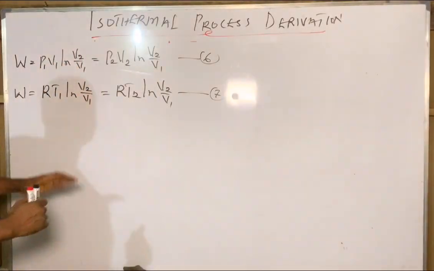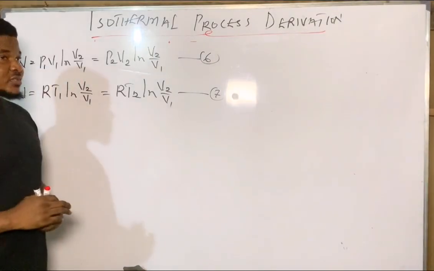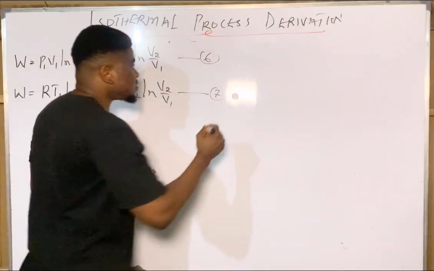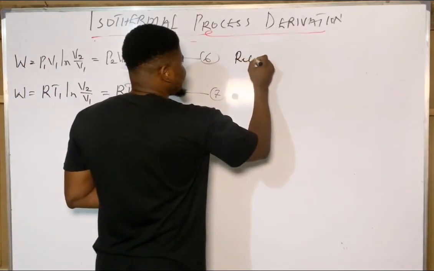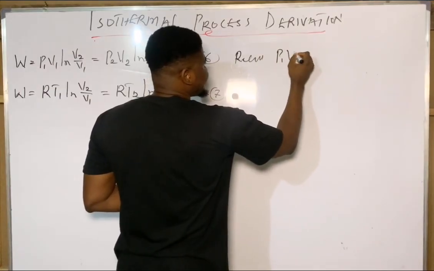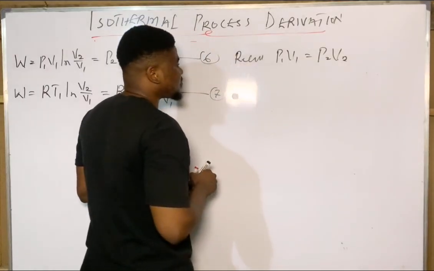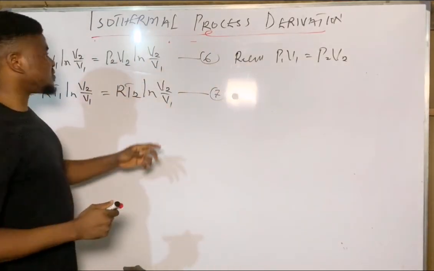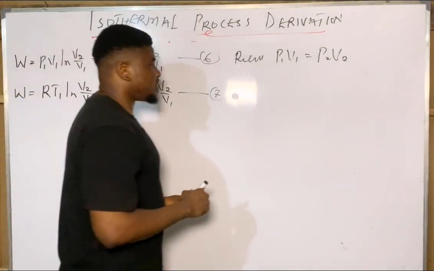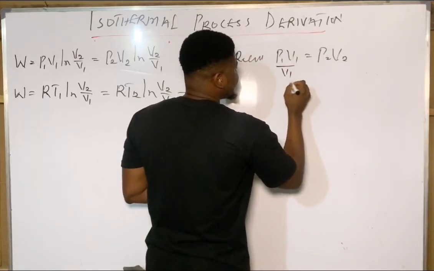Alright, so these are the two basic equations we've gotten for work done in an isothermal process. One more thing, recall we said earlier that from the equation of state, P1 V1 equals P2 V2. So from here, we can find the ratio V2 over V1.